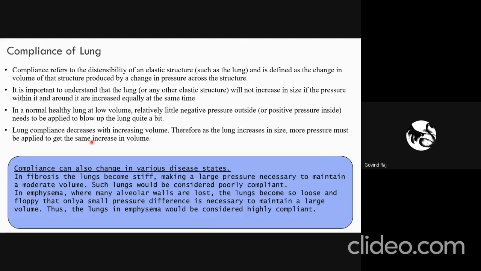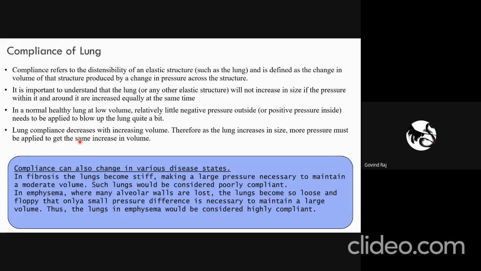So when we talk about the compliance of the lungs, the same principle goes here. The lung compliance decreases with increasing volume. If two persons have two different lung volumes, one man is very big and has a higher lung volume, compared to a small person.